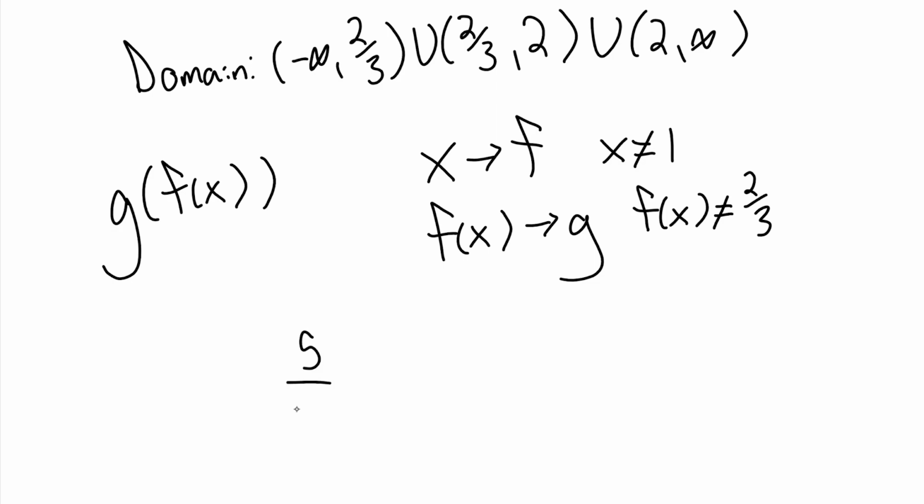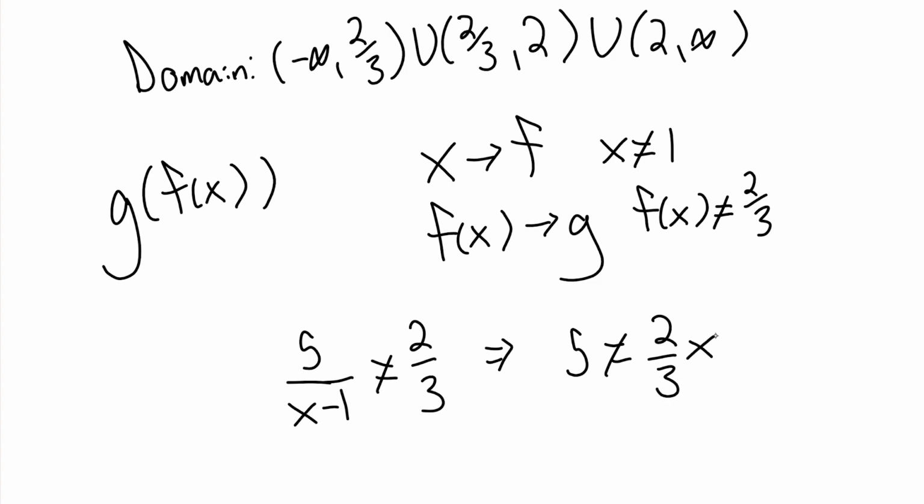So we're going to say 5 over x minus 1 cannot be 2/3. Okay. So again, we'll multiply both sides by x minus 1. So this will give us 5 cannot be 2/3 x minus 2/3.